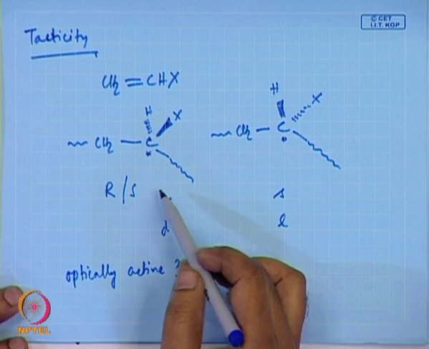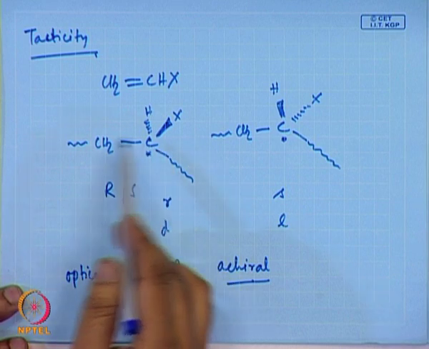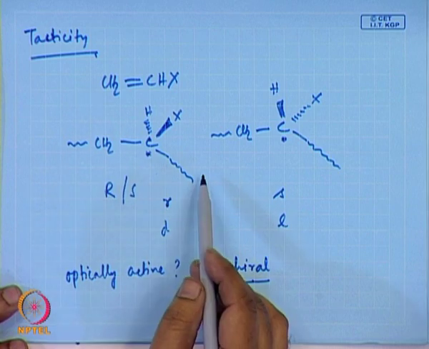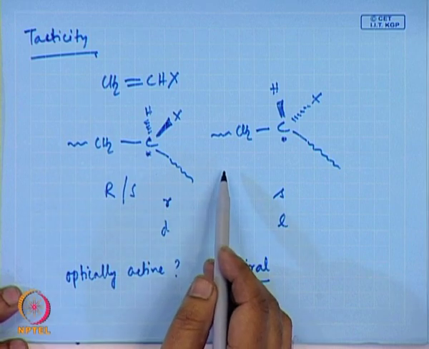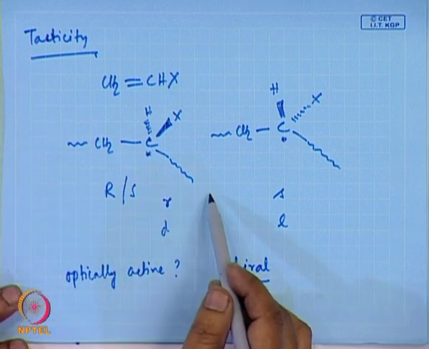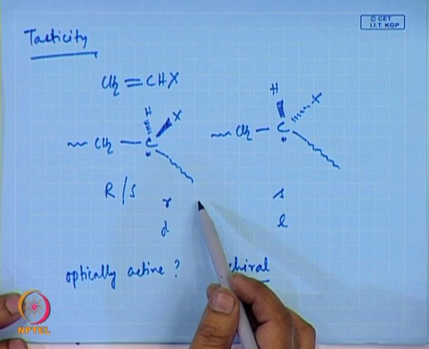Now, you can argue that the carbon which is near the end group, obviously at the end there will be some functional group and the other side will be the rest of the polymer chain. So, that asymmetric carbon should have some optical activity.